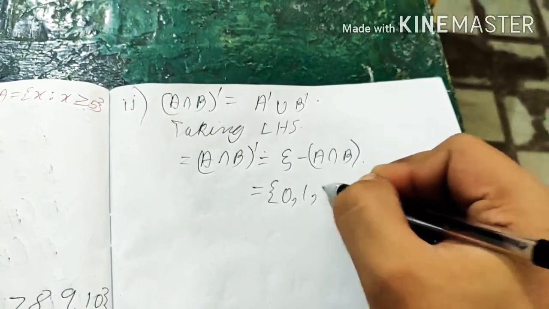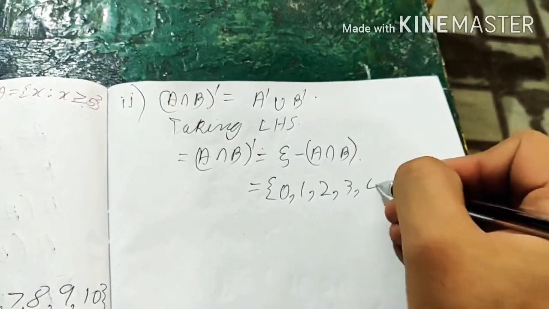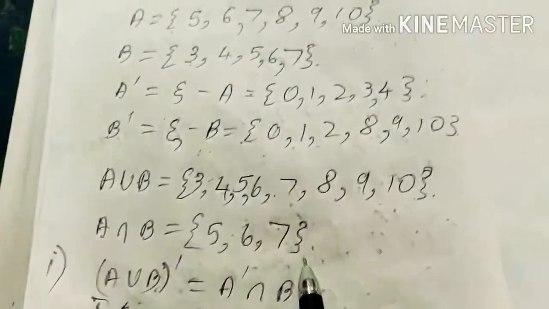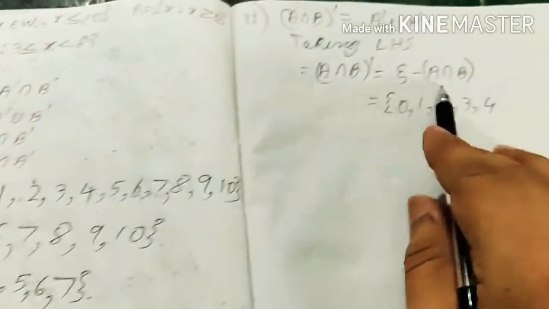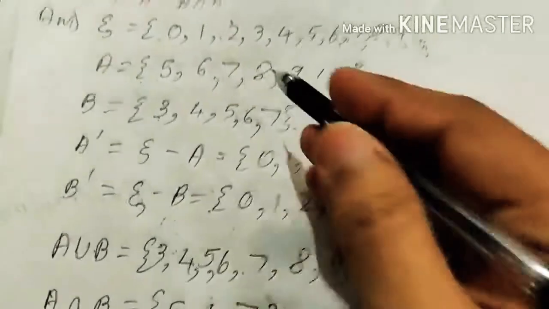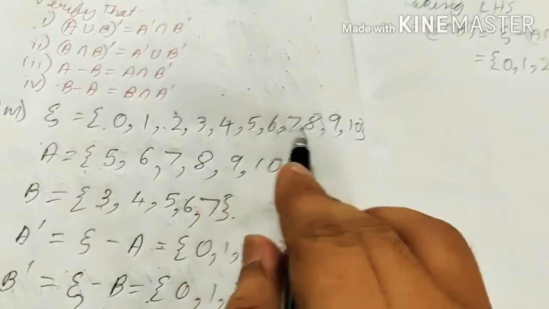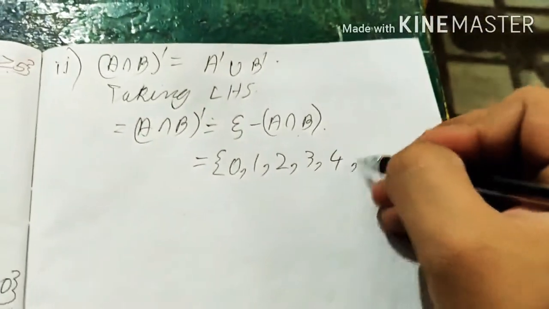Look, this is subtracting, so 5, 6, 7 is removed. So we are left with 0, 1, 2, 3, 4, then 8, 9, 10.